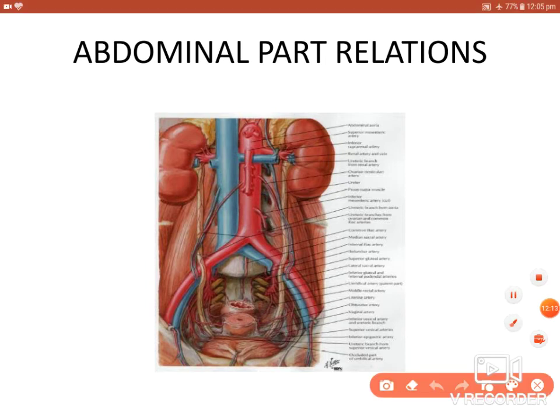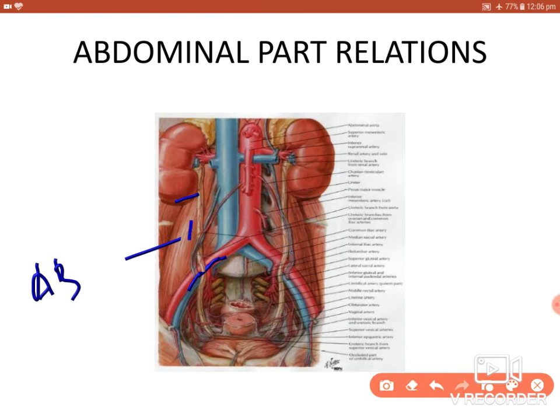Then, abdominal part relations. This is the uretero-pelvic junction and this is the pelvic brim. This part forms the abdominal part. It lies over the psoas major muscle.